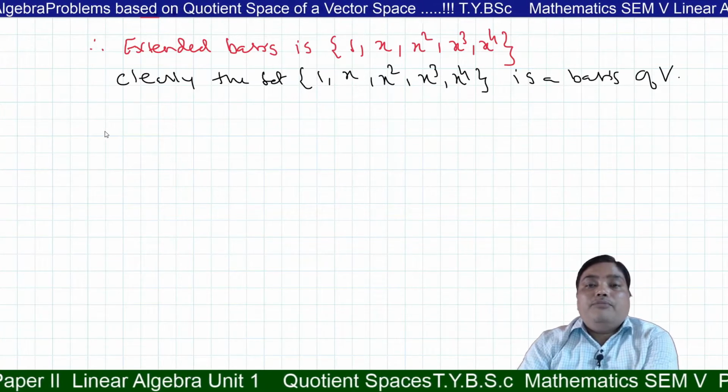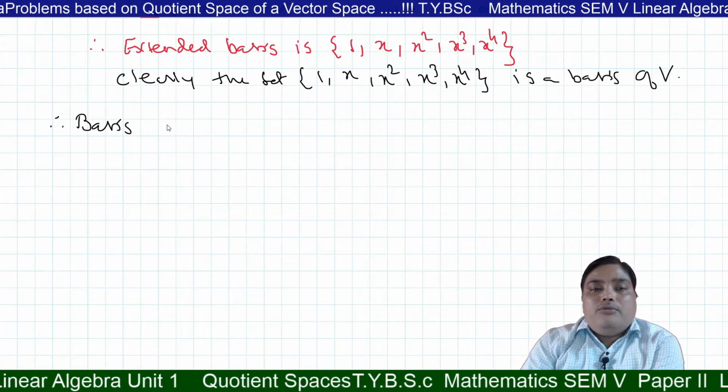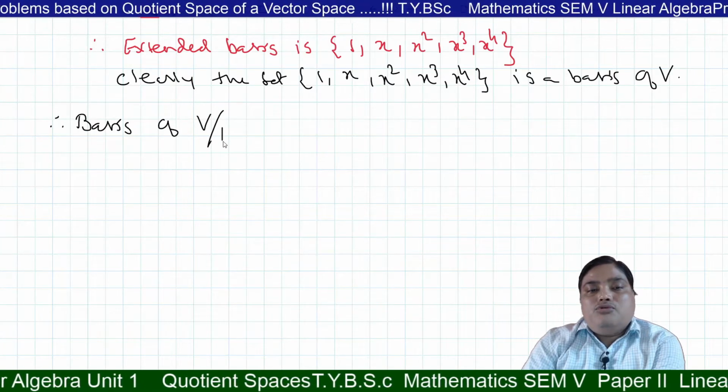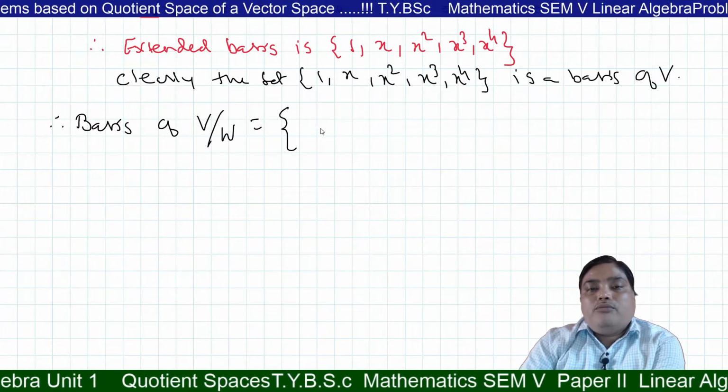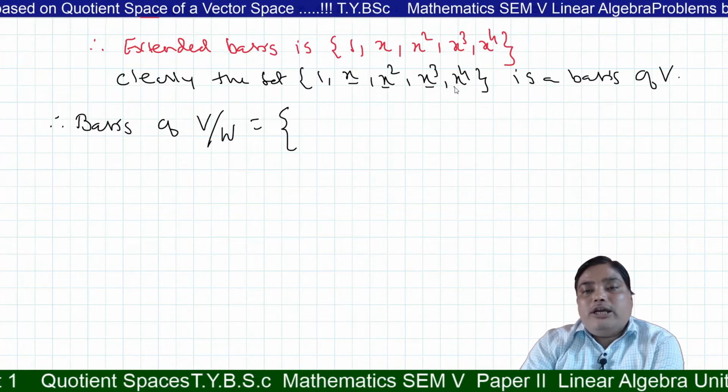Okay, therefore the basis of the quotient space V mod W is equal to, the elements we have added, x square, x cube, x raised to 4.